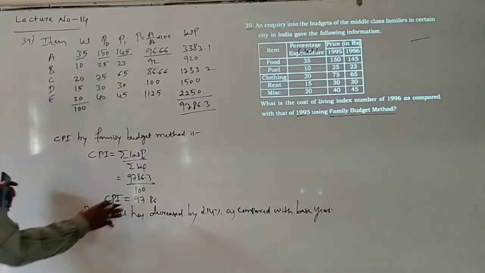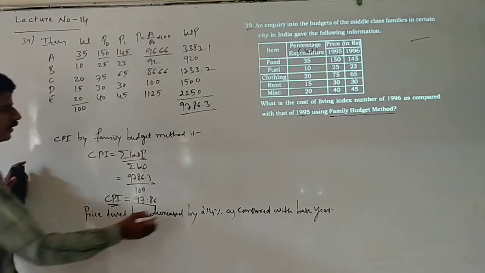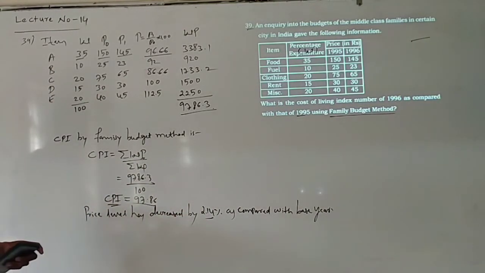Here 97.86 is below 100, so we take 100 minus 97.86, then we get 2.14. That is, the price level has decreased by 2.14% as compared to the base year.